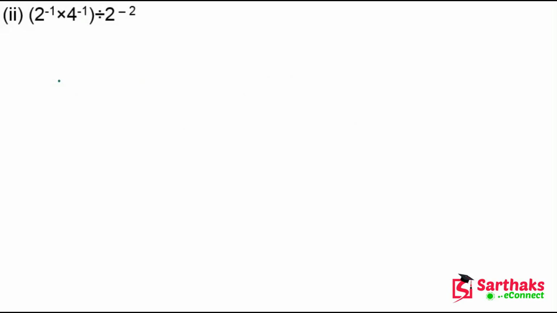Now next problem, here we have 2 raised to power minus 1 into 4 raised to power minus 1, and it is divided by 2 raised to power minus 2. So again we use a raised to power minus m is equal to 1 upon a raised to power m.